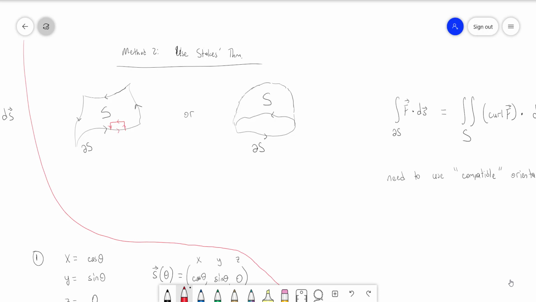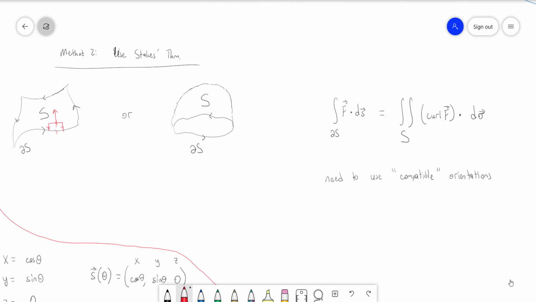Then I want to use the right-hand rule: take my right hand and curl my fingers in the direction of the orientation of this patch. If I curl the fingers of my right hand in that direction, my thumb ends up pointing upwards. Okay? So this tells me that for this orientation of the boundary curve, I would need to use a normal vector pointing upwards rather than downwards for the surface in order to get matching results on both sides of the equation.